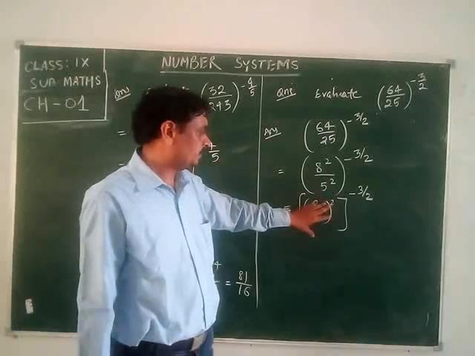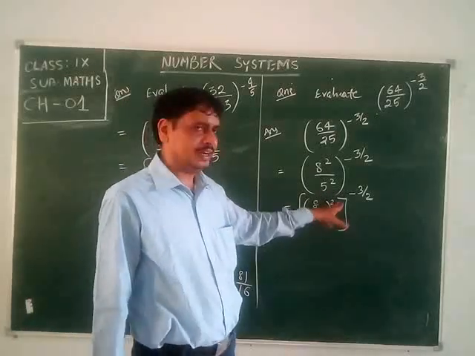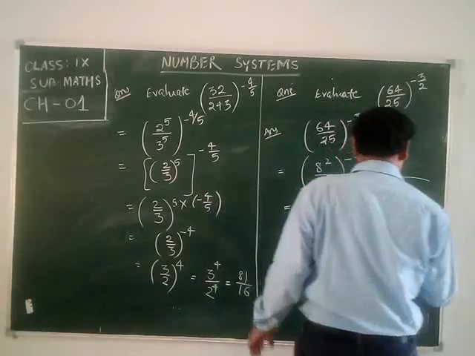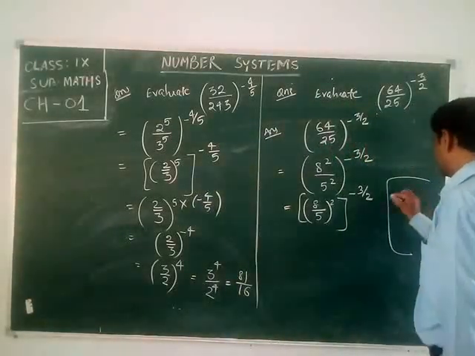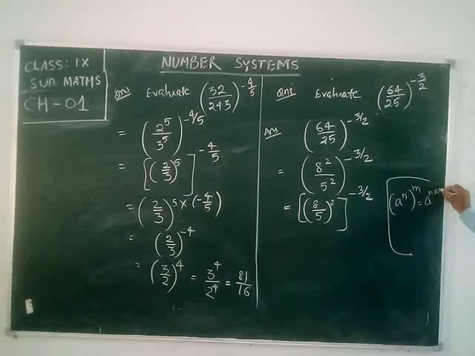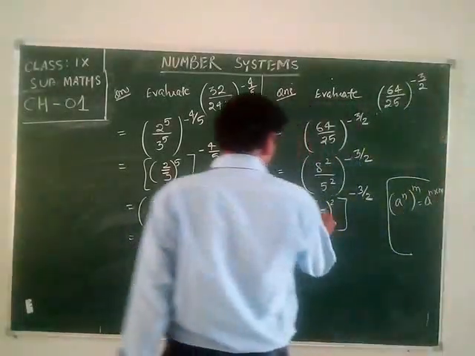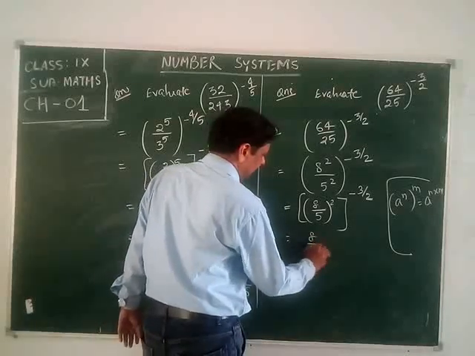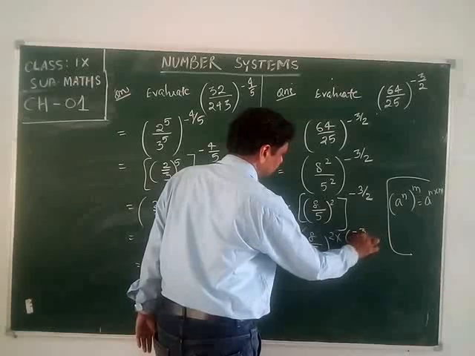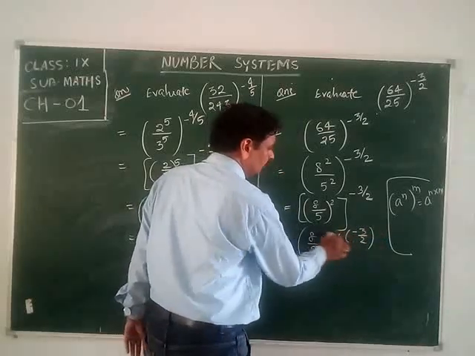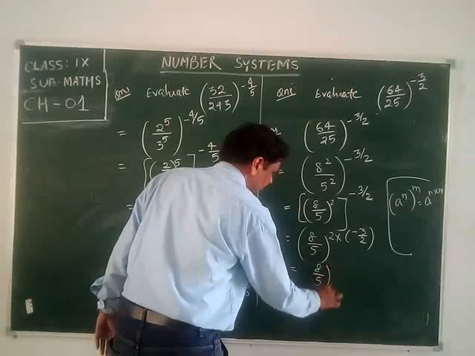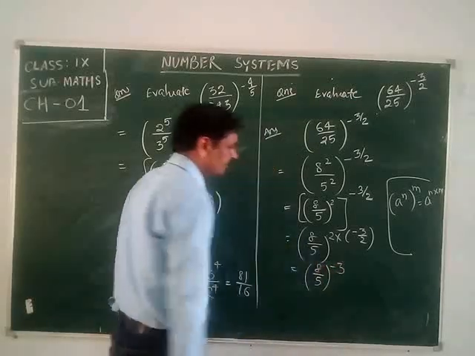Now the power of this 8 by 5 is 2 and also minus 3 by 2. Since it is in the form a to the power n whole to the power m, it can be written as n into m. It is written as 8 by 5 whole to the power 2 into minus 3 by 2. 2 will be cancelled here. Remains 8 by 5 whole to the power minus 3.